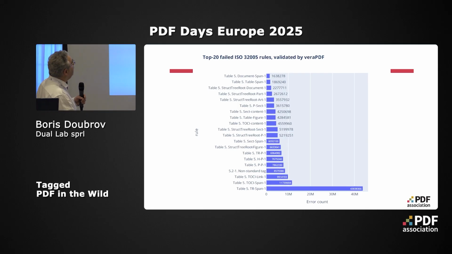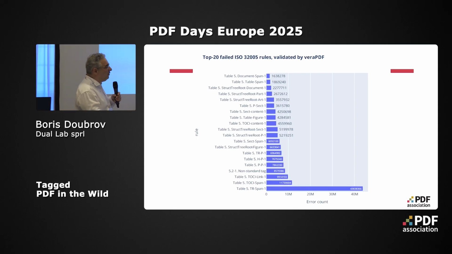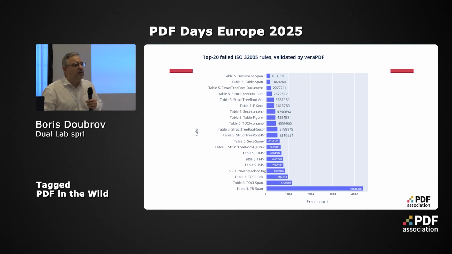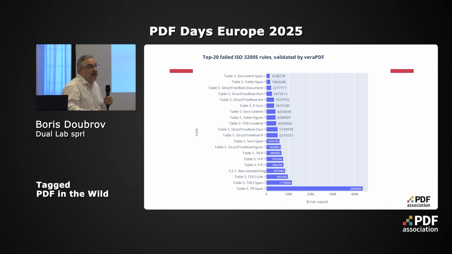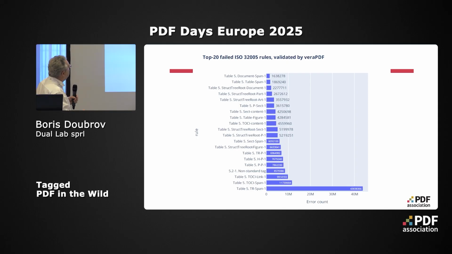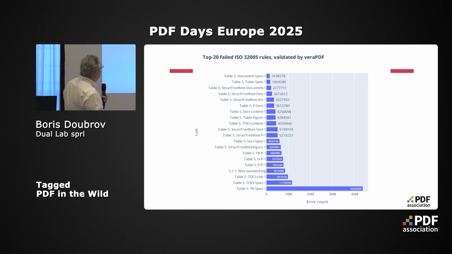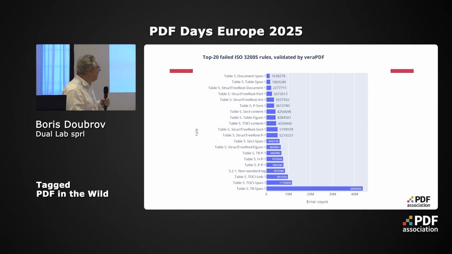Validation against these rules was implemented by VeraPDF a while ago, but it's constantly evolving because new drafts of this specification are coming to the market, but at least it's some level of guidance. Not definitive yet, and we wanted to check how many documents, how many errors and of what kind we'll see in real-world documents.